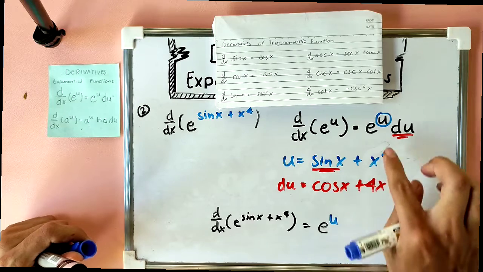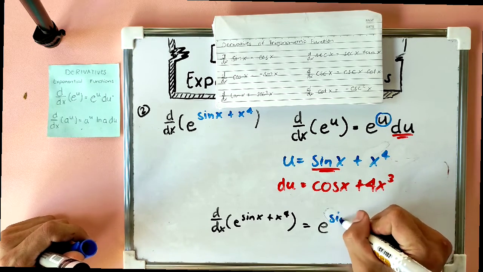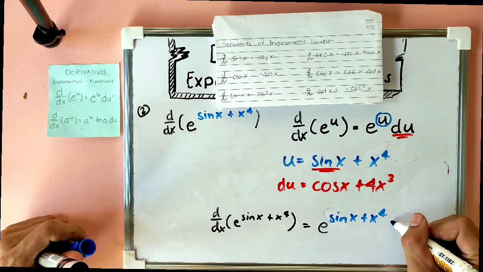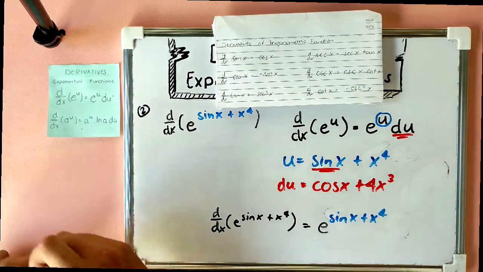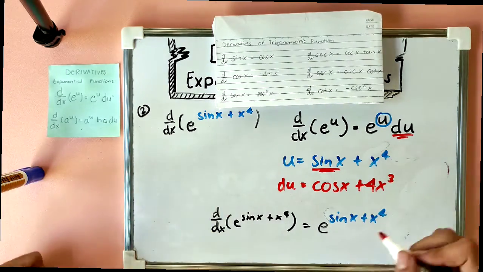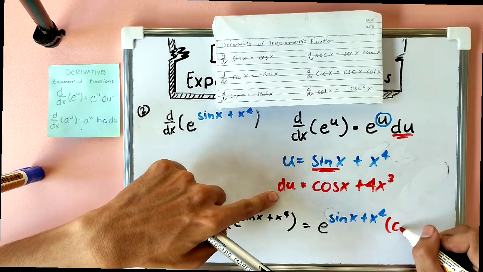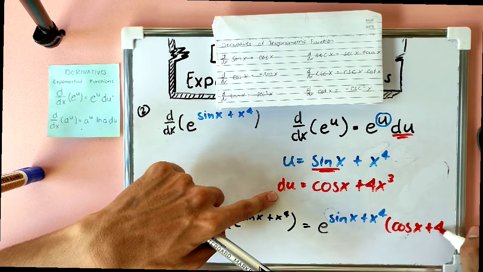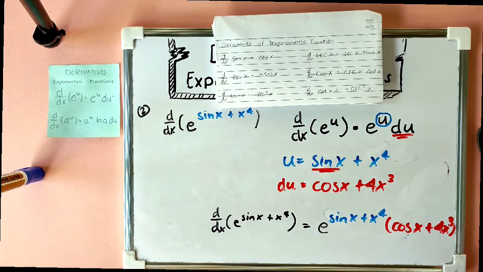Ang u natin in the formula, ang value niyan ay sin x plus x raised to 4, then the derivative of u, the derivative of u is equals to cos x plus 4x cube. So that is our final answer.